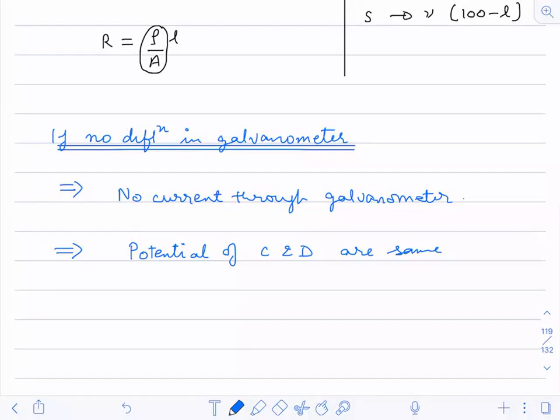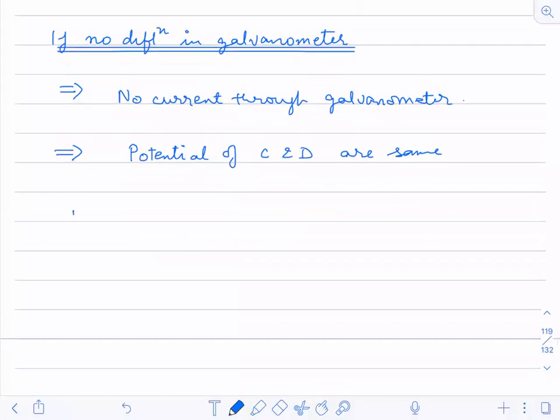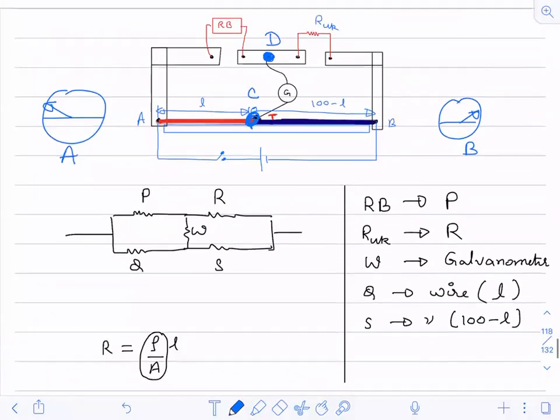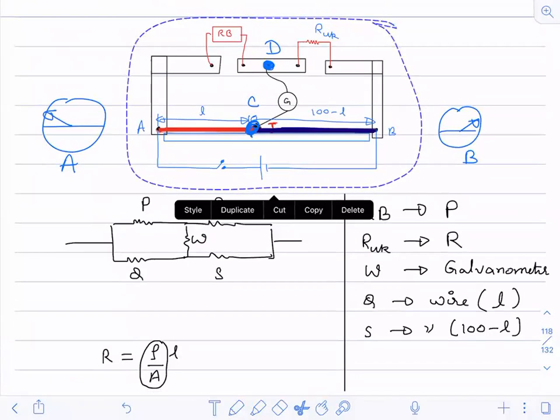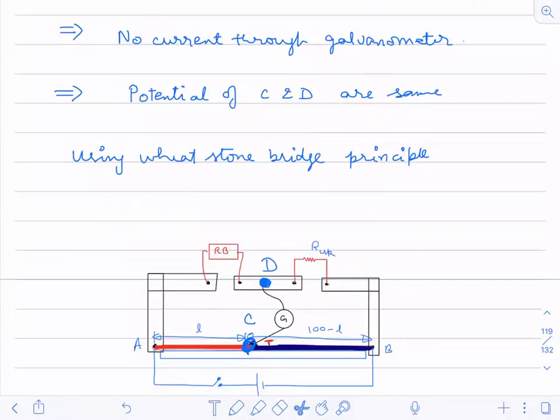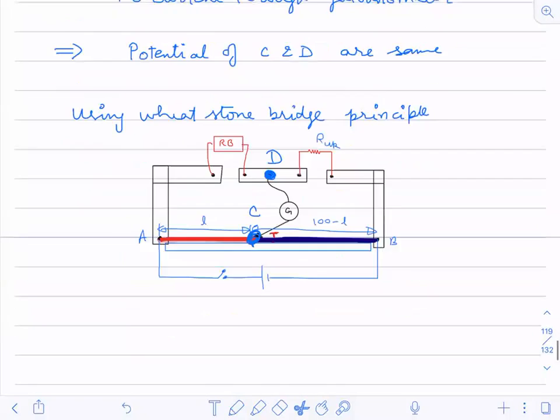So using Wheatstone bridge principle, what can I write?